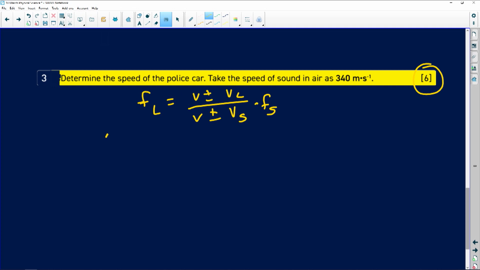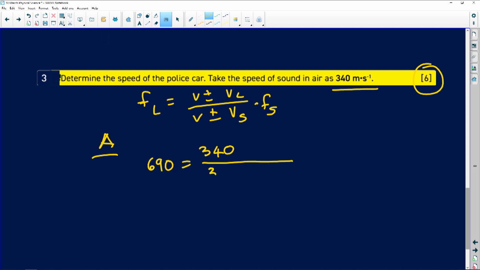So now we're going to do it for car A. What do we observe? The frequency observed was 690. They told us to take V as 340, so thank you for that. VL, in this instance, is standing still, so it's naught, so we don't even bother substituting in.